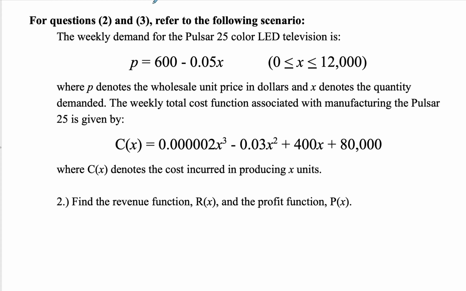So here's what we know. We have a certain number of units, x, being produced and sold at this given price. In other words, each one is being sold for this price. So let's say that I am selling 10 of these things.